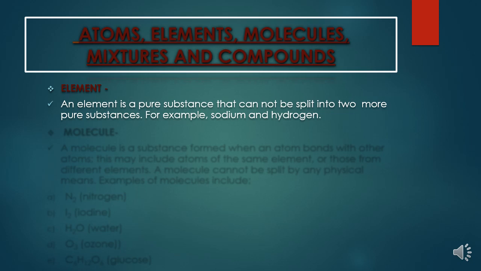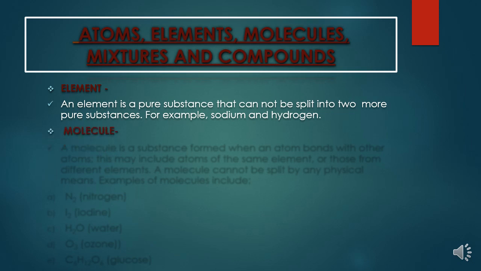So if you have an element which is hydrogen, if you try to split up hydrogen, it is still going to be hydrogen, it is still going to contain hydrogen. It won't have different elements or different pure substances.